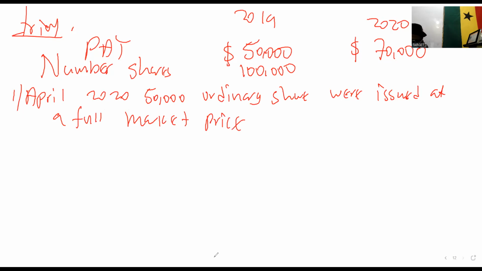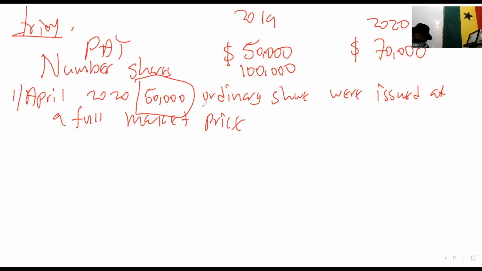Please, under exam conditions, you don't need the price. There's no need for the examiner to tell you that it was issued at $20 per share. It is not needed. Even if they give it to you, forget about it. Unless the number of shares has not been given to you. So long as they have given you the number of shares, we don't need the market price.